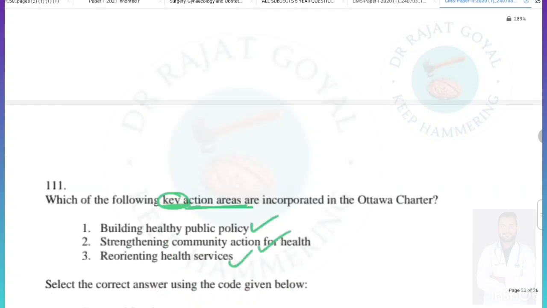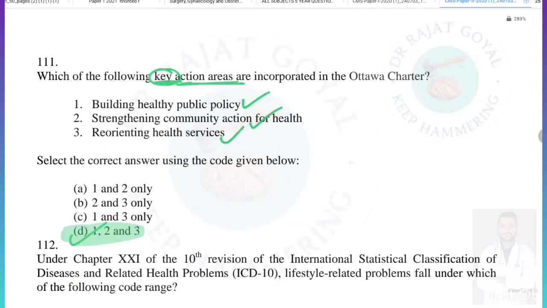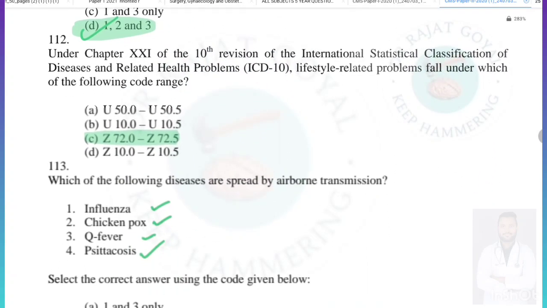All are correct. Which of the following key action areas are incorporated in the Ottawa Charter? In the Ottawa Charter, building healthy public policy is there, this is true. Strengthening of community action for health, this is true. Reorienting the health services, this is also true. So answer here will be D, 1, 2, 3.